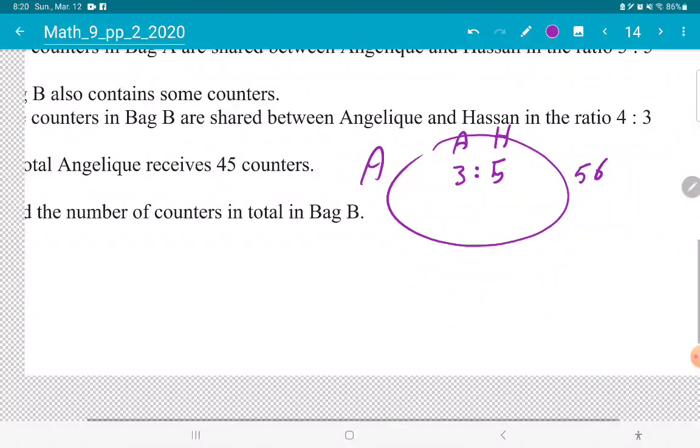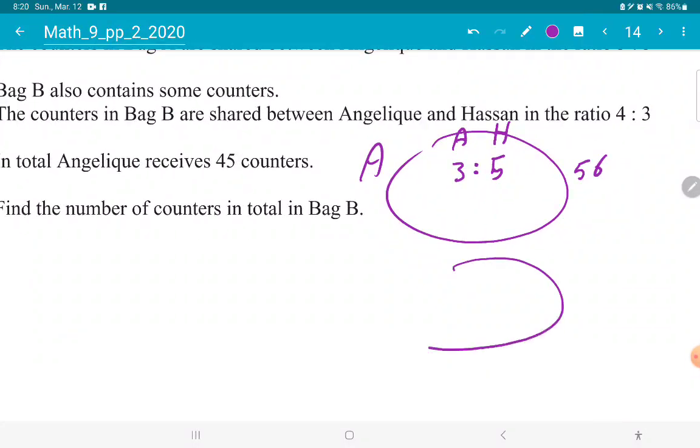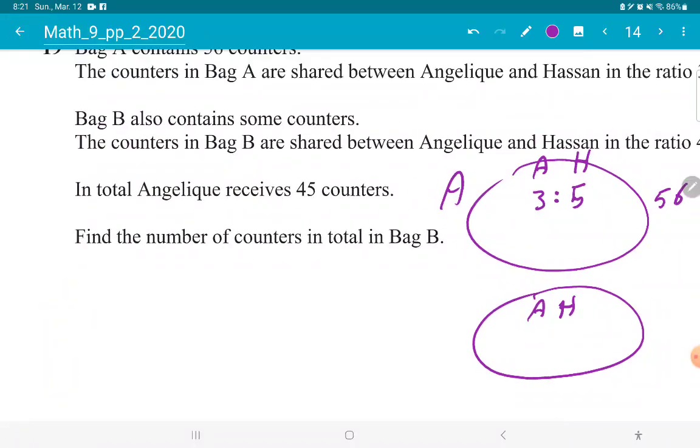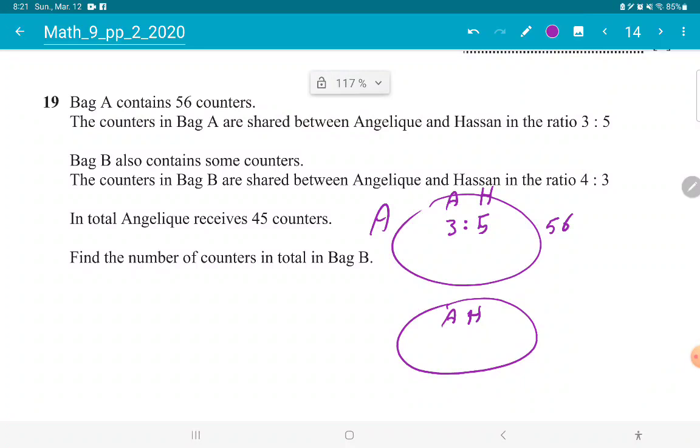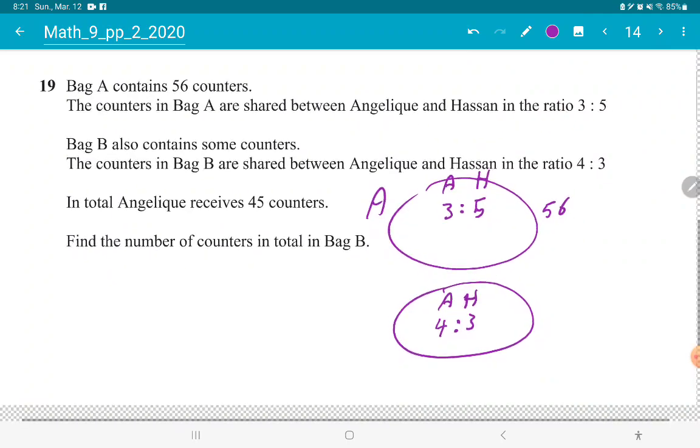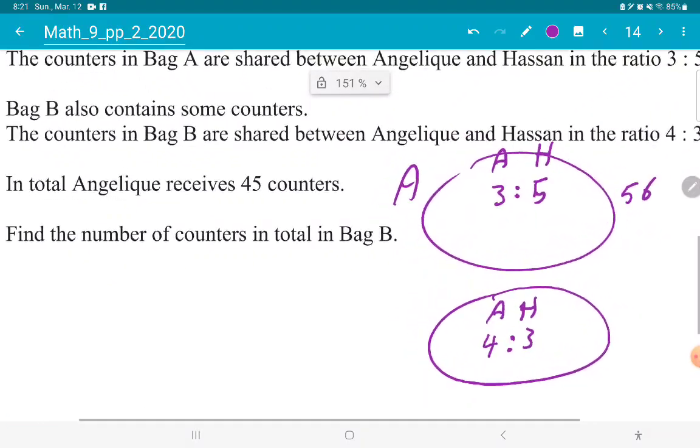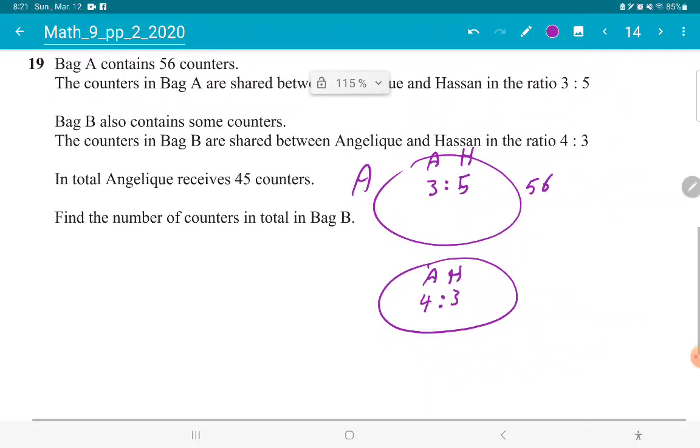And then there is another bag B, also between Angie and Hassan. But the ratio is different, 4 to 3. And then in total, Angie gets 45 counters.